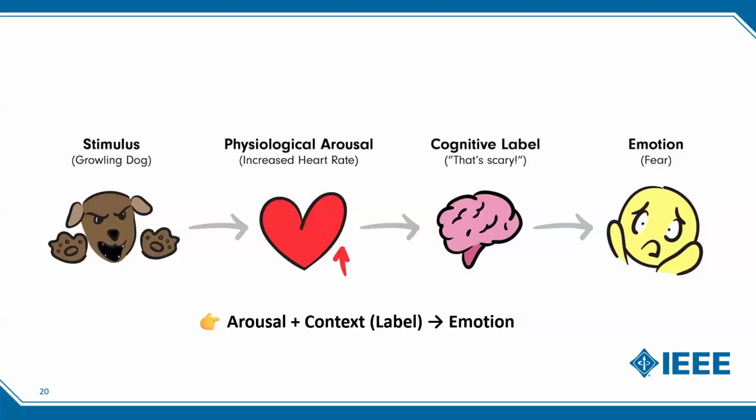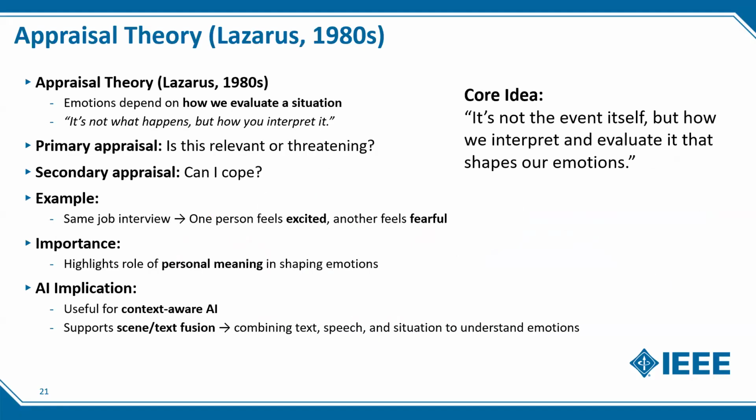Then there is cognitive labeling, a mental labeling. The person starts to label, oh, that is scary. This cognitive label and physiological arousal lead to a particular emotion.